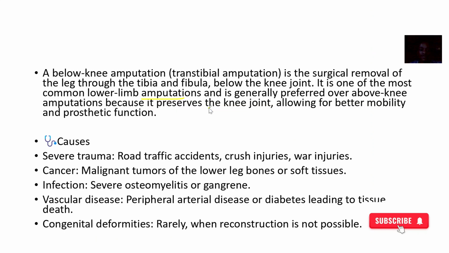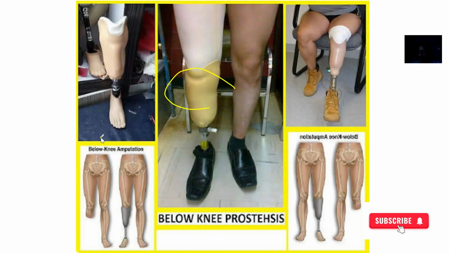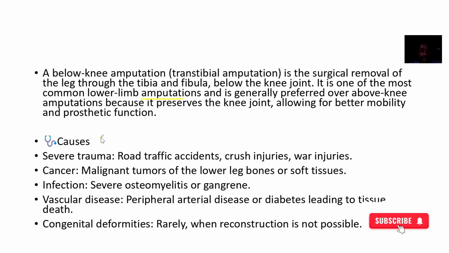leg, so to say. So why would I actually need to cut somebody's leg? Different things could cause that, right? Like there was a lot of trauma, or there's a lot of cancer, malignant tumors of the lower leg. So infections, where there's severe osteomyelitis or gangrene.